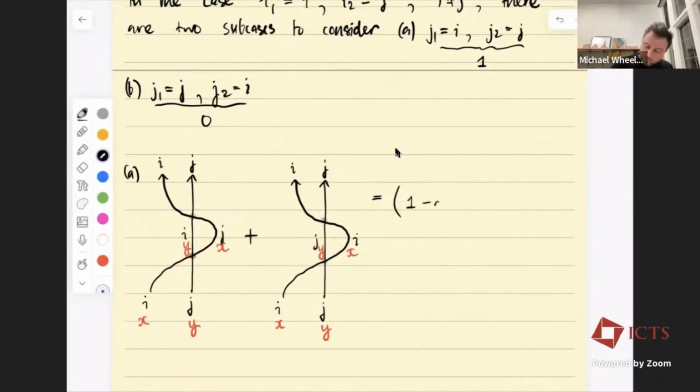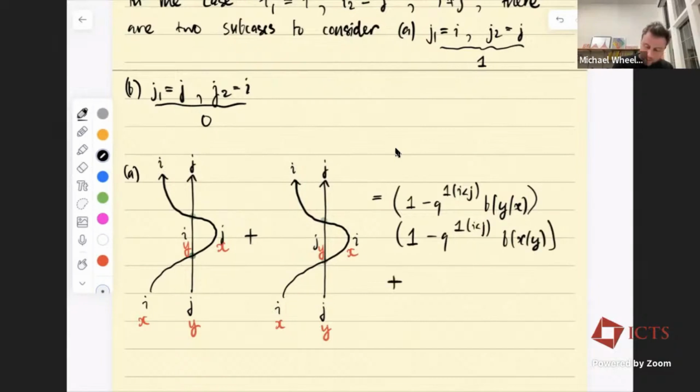So I should have this, times this. And then plus the diagram on the right, which is of the form q to the indicator that I is less than j, b of y over x, and then q to the indicator that I is greater than j, b of x over y.